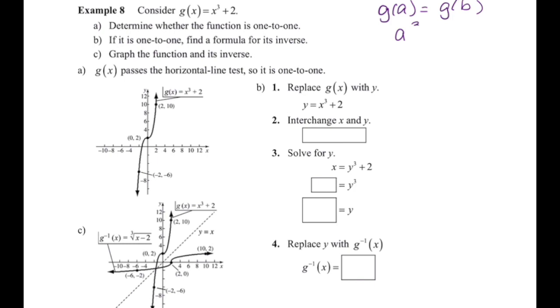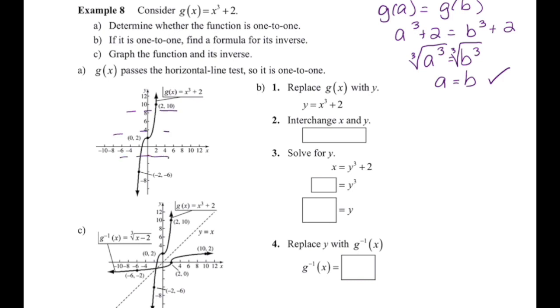So a cubed plus 2 has to equal b cubed plus 2. I subtract 2 and now I have a cubed equals b cubed. When I take the cube root, it doesn't matter if it's positive or negative, we'll still have a equals b. So it passes the horizontal line test, and we can also see that it's graphed here as well.